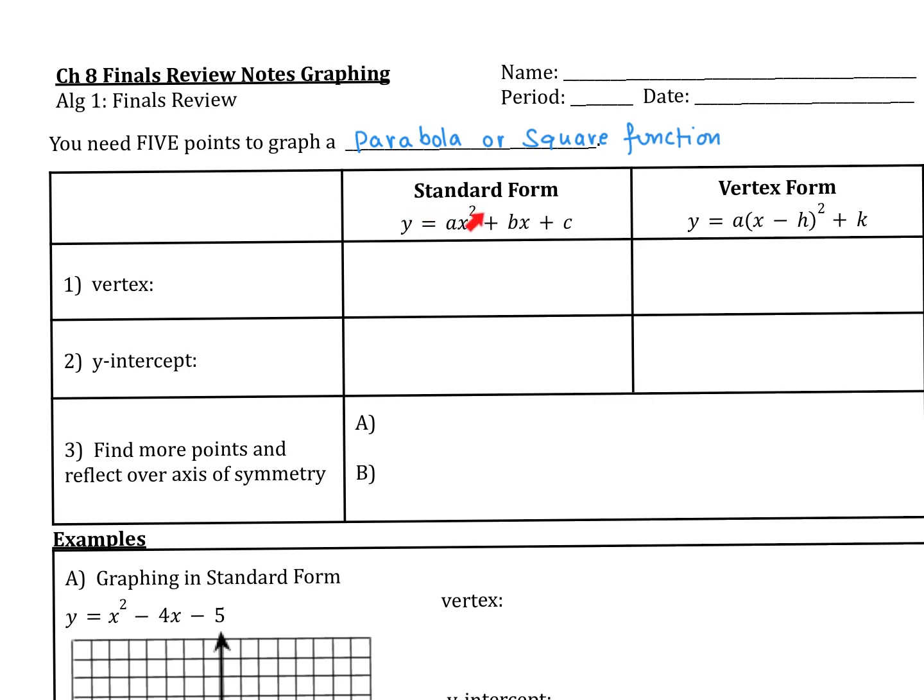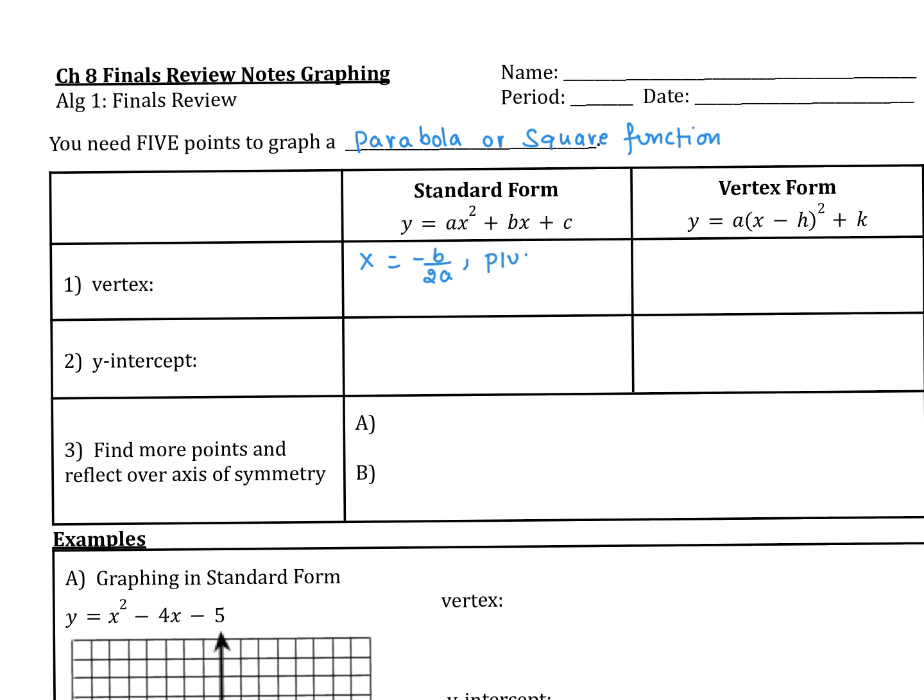If this equation is given in this form, ax squared plus bx plus c, to find the vertex from this equation, you have the formula x equals negative b over 2a, and when you plug it into the equation, you find y.